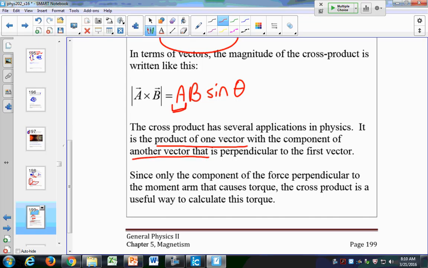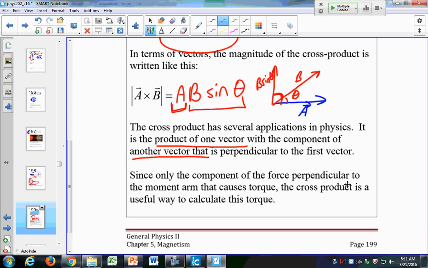So if you imagine this, this is our first vector, and then this is that vector that's perpendicular. And that's why we have that sine theta term, because it takes a component of that second vector that is perpendicular. So if you imagine that A is in the x direction, then this will be like the y component of B. Again, you imagine that A here is in the x direction, and if you have B here, where this is theta, then B sine theta will be here.